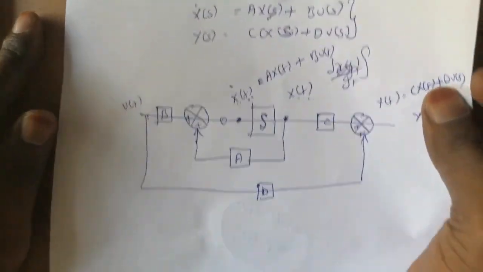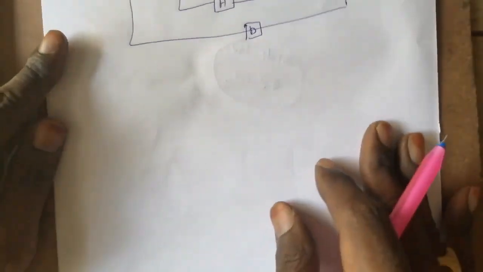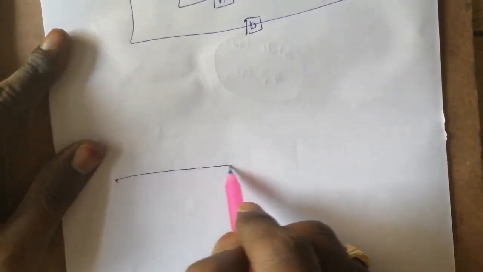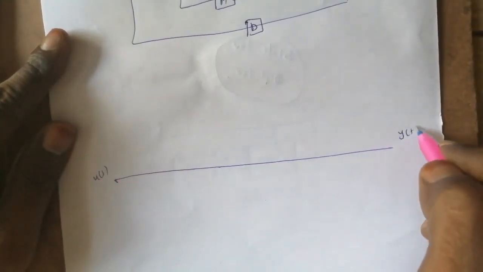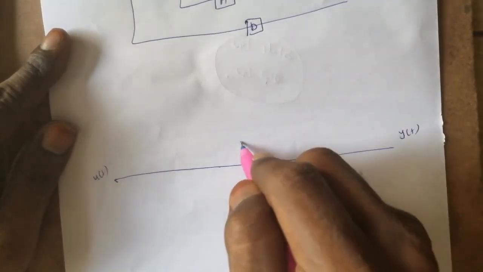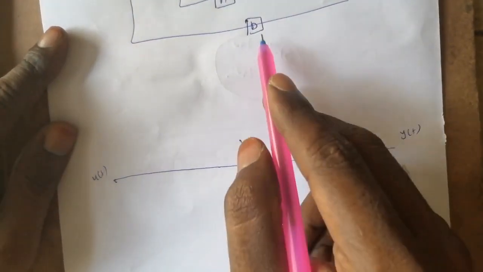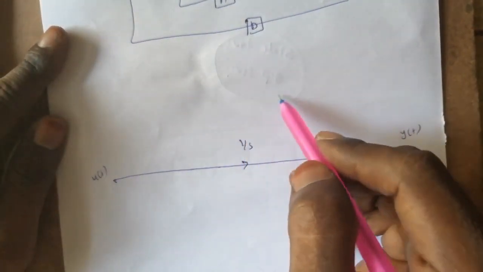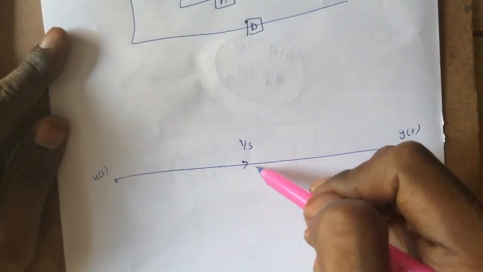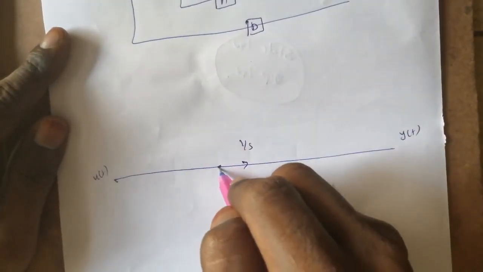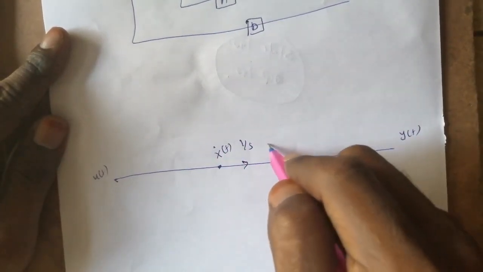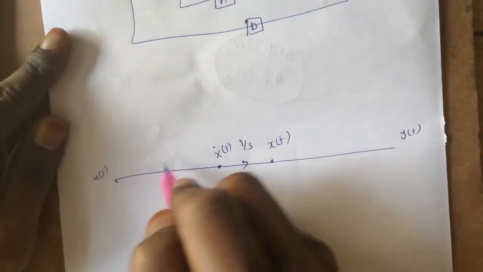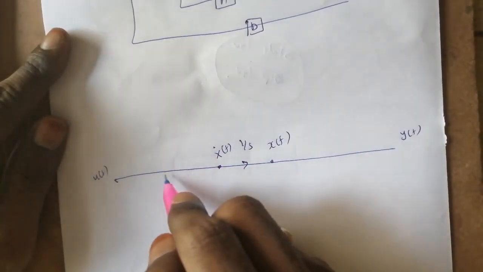Now we'll see the signal flow graph. Same as before, draw the straight line and mention the input and output, and here 1 by s. In the block diagram we represent integration, and in the signal flow graph we represent 1 by s. Here 1 by s has input x dot of t and output x(t).